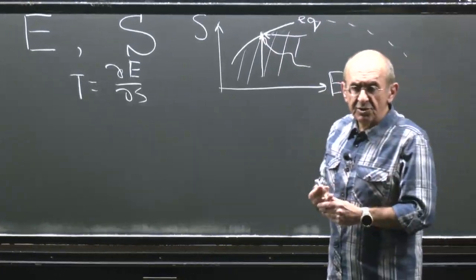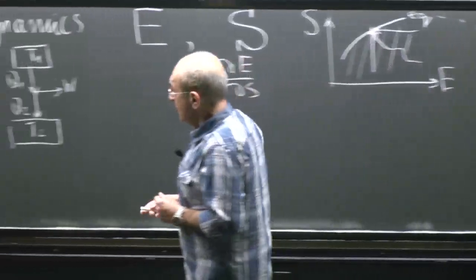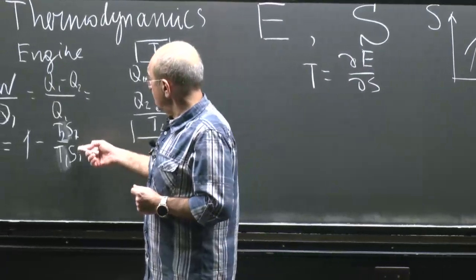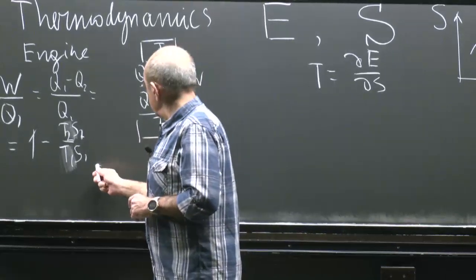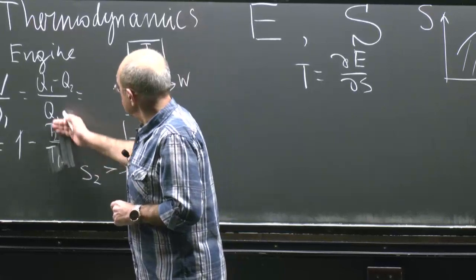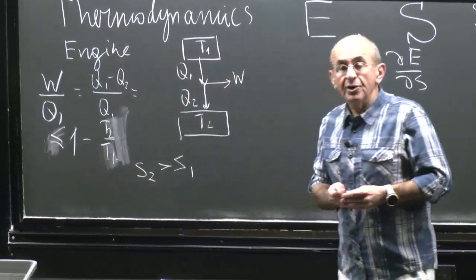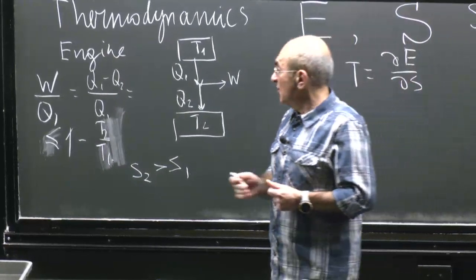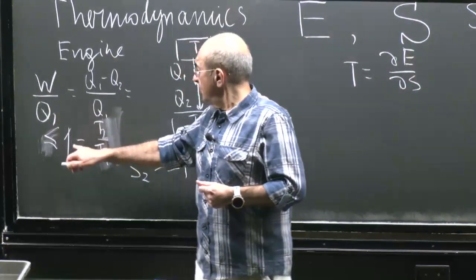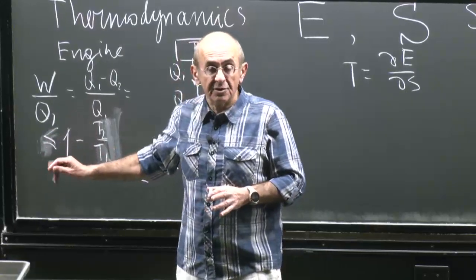There are systems where it does, but what is important is that it's convex, so you can introduce temperature. And because S2 is always larger than S1, this gives you an inequality on engine efficiency. So the engine efficiency is bounded by this, and this is how all the science started.